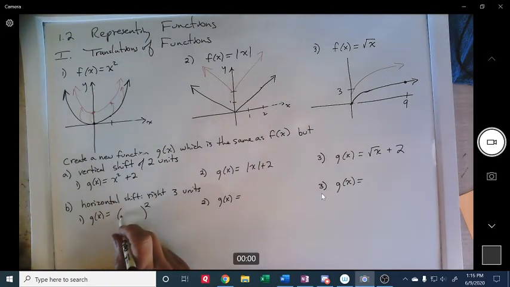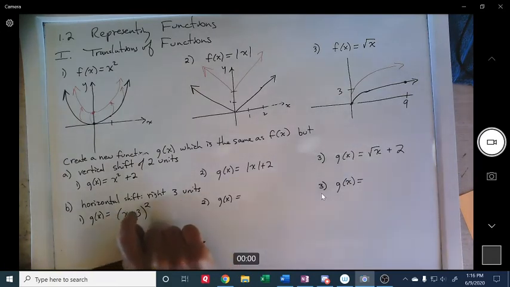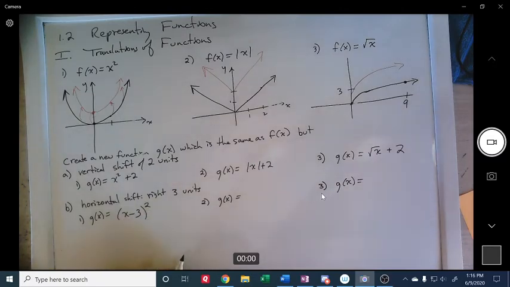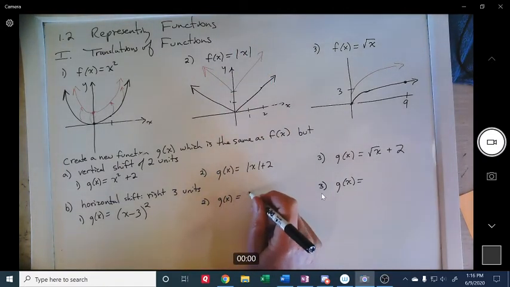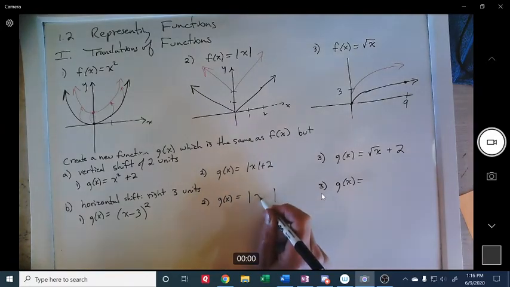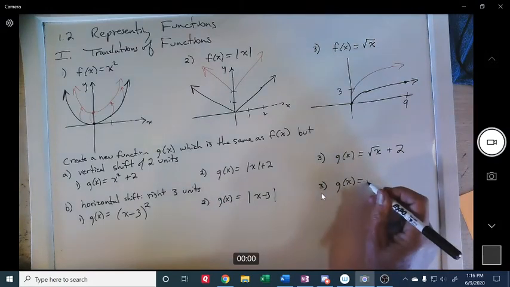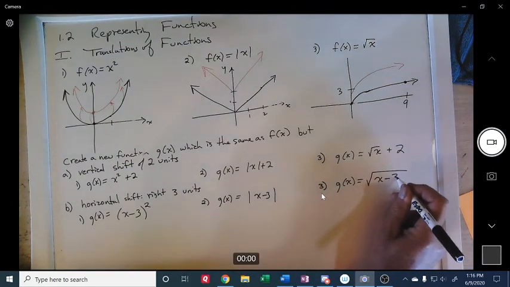Instead of putting an x here, I'm going to shift it right, x plus 3, but that's wrong, because horizontal shifts go opposite direction of sign. So it has to be x minus 3 squared. And this one over here, I go here, replace the x with, once again, x minus 3. Once again, I replace the x with x minus 3.